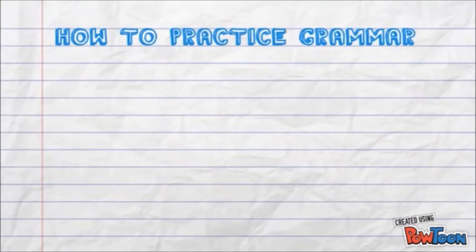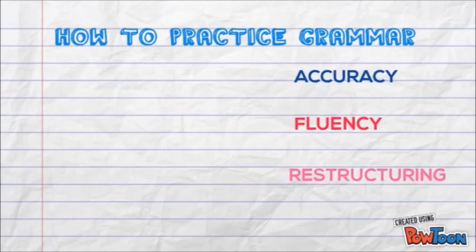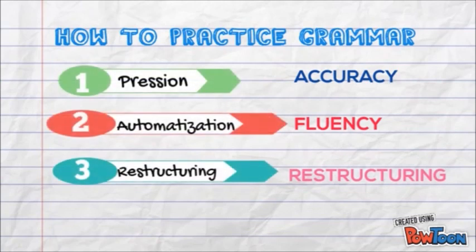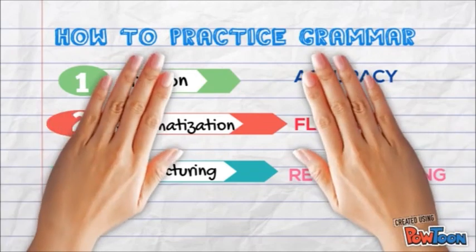Now is a good point to talk about how to practice grammar. There are three factors that we need to take into account. Those factors are accuracy, fluency, and restructuring. Accuracy can be seen as precision, fluency can be seen as automatization, and restructuring as restructuring.